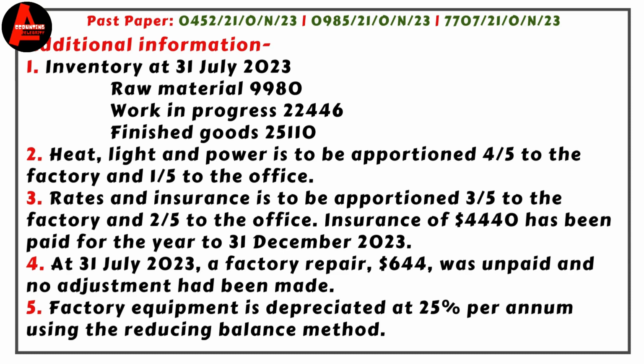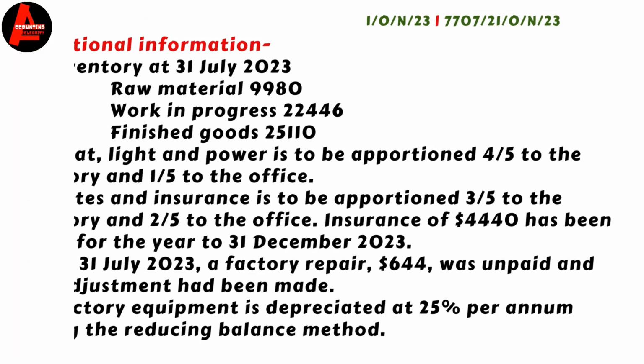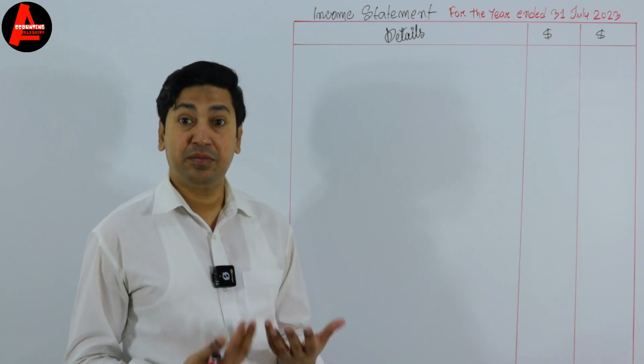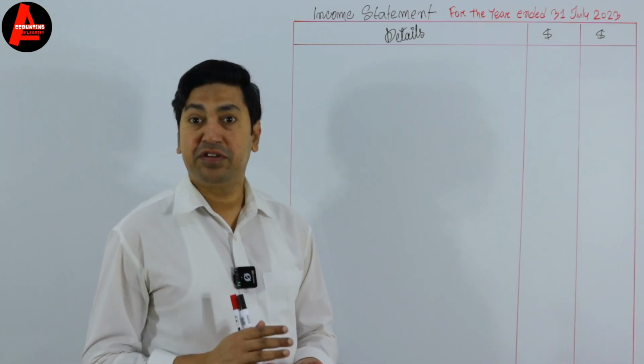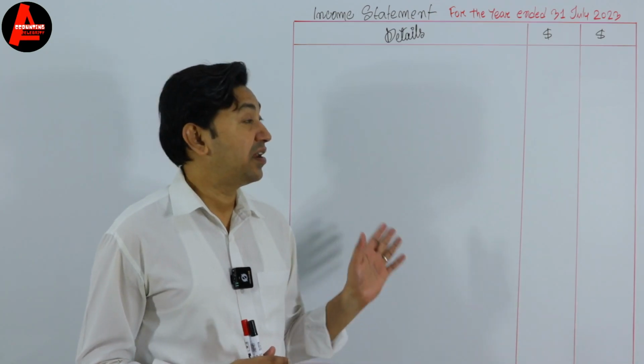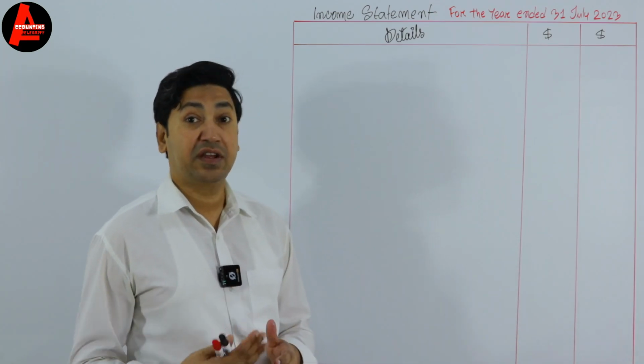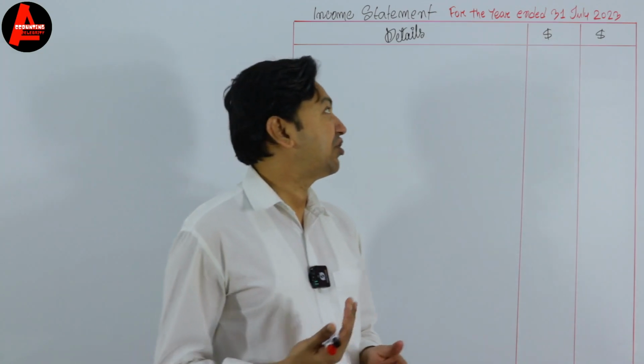As it is a manufacturing business account, there are some finished goods related items, some work in progress related items, and some raw material related items. Raw material related items will never be taken here in the income statement. These will be taken to the manufacturing account.